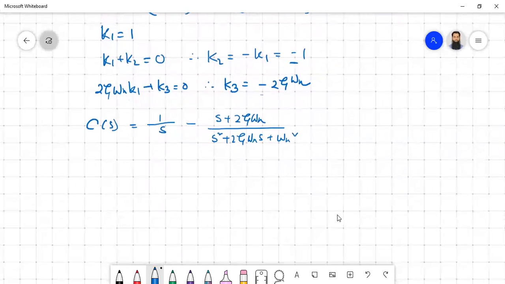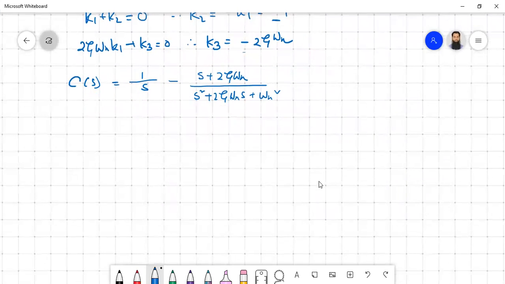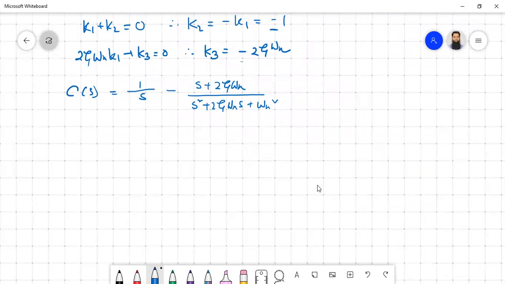Okay, so now we have to actually rearrange the second term so that we can write a form something like this. One form can be (s plus a) by ((s plus a) square plus omega square), which in the time domain will be e to the power minus at cos omega t.